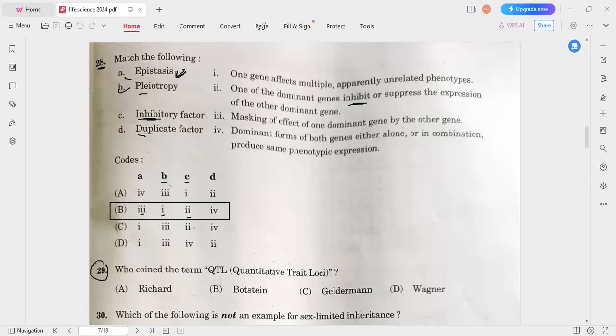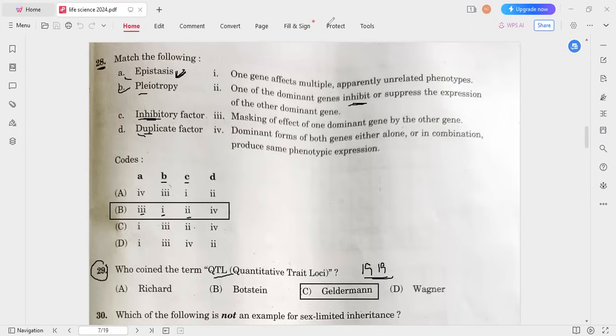This was coined by the scientist Geldermann. That is option C, the correct answer for the 29th question. In 1975, this QTL term was coined. Option C is the correct answer for question number 29.